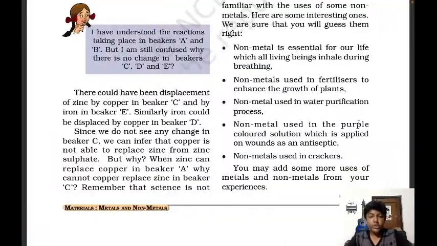Alright guys, so let's continue. There could have been displacement of zinc by copper in beaker C and by iron in beaker E. Similarly, iron could not be displaced by copper in beaker D, right? Since we do not see any change in beaker C, we can infer that copper is not able to replace zinc from zinc sulfate. But why? When zinc can replace copper in beaker A, why cannot copper replace zinc in beaker C?